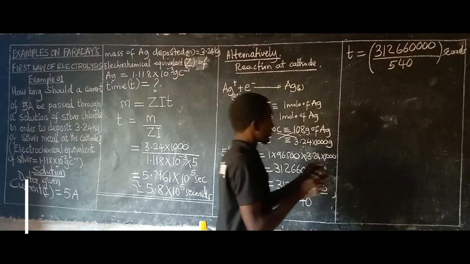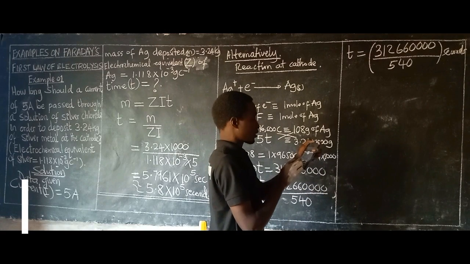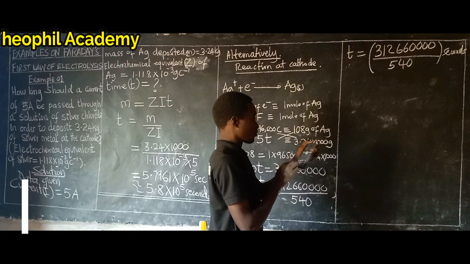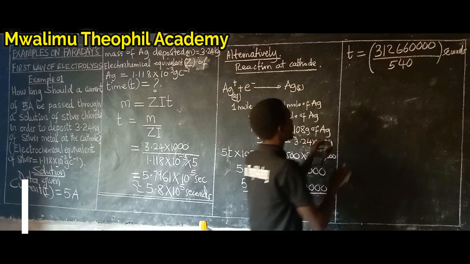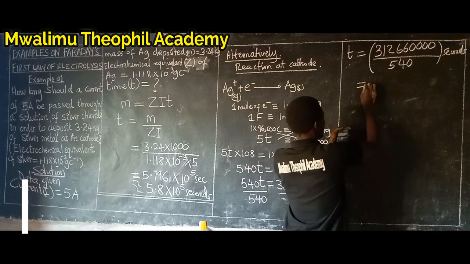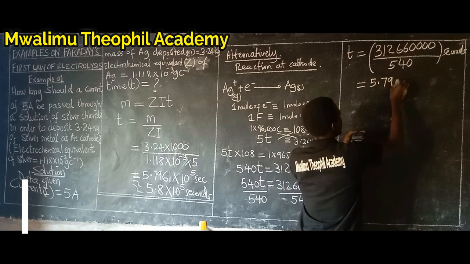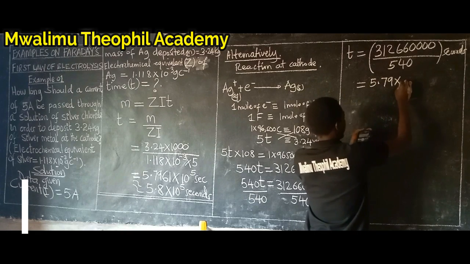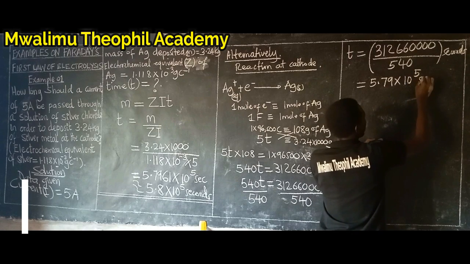Now let us divide that value. We have 312,660,000 over 540. Here the answer which you get is 5.79 times 10 raised to 5 seconds.